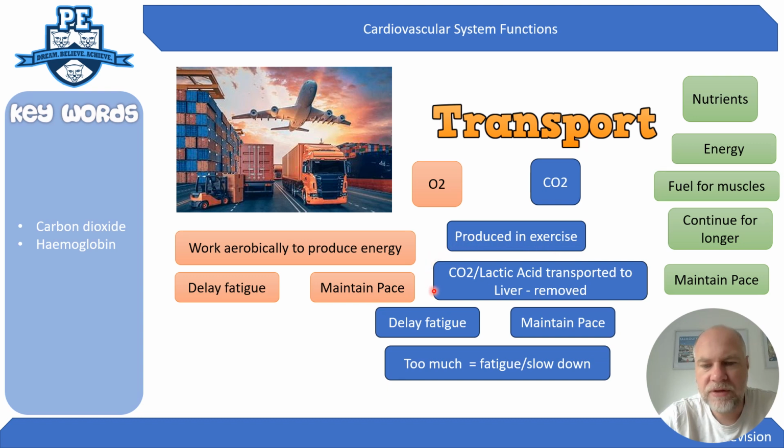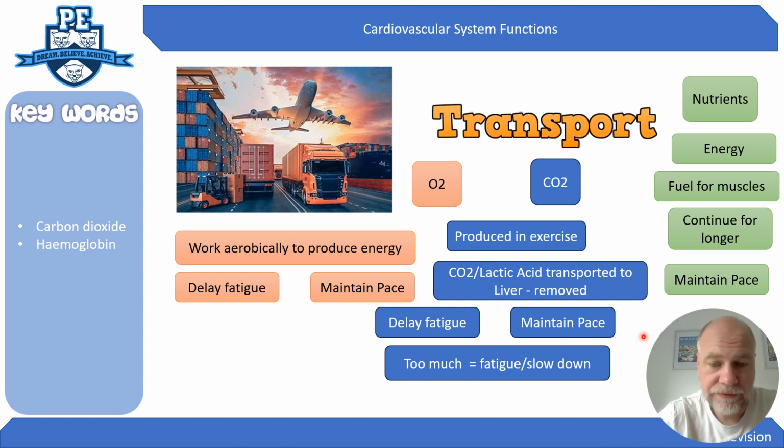And the role of the cardiovascular system is to transport that carbon dioxide to the lungs to be breathed out, or to the liver to be processed and removed. Obviously, carbon dioxide is converted into lactic acid, and that causes your body to struggle to produce muscle contractions and cramp up. So it's important that lactic acid and carbon dioxide is removed.